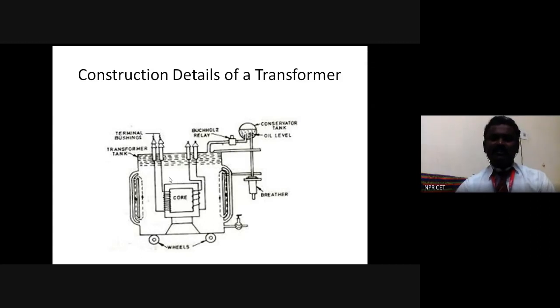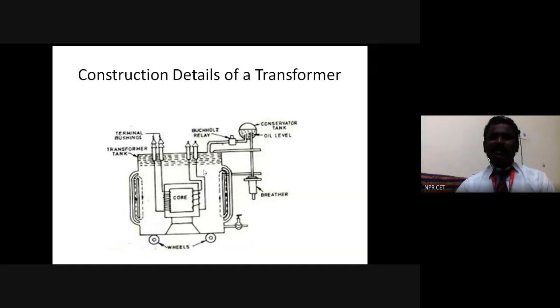Then after returning to normal condition, or otherwise after no loading, the temperature reduces, and the expanded oil stored in the conservator tank comes back to the transformer tank through this tube. The conservator tank is connected to the transformer tank, right?